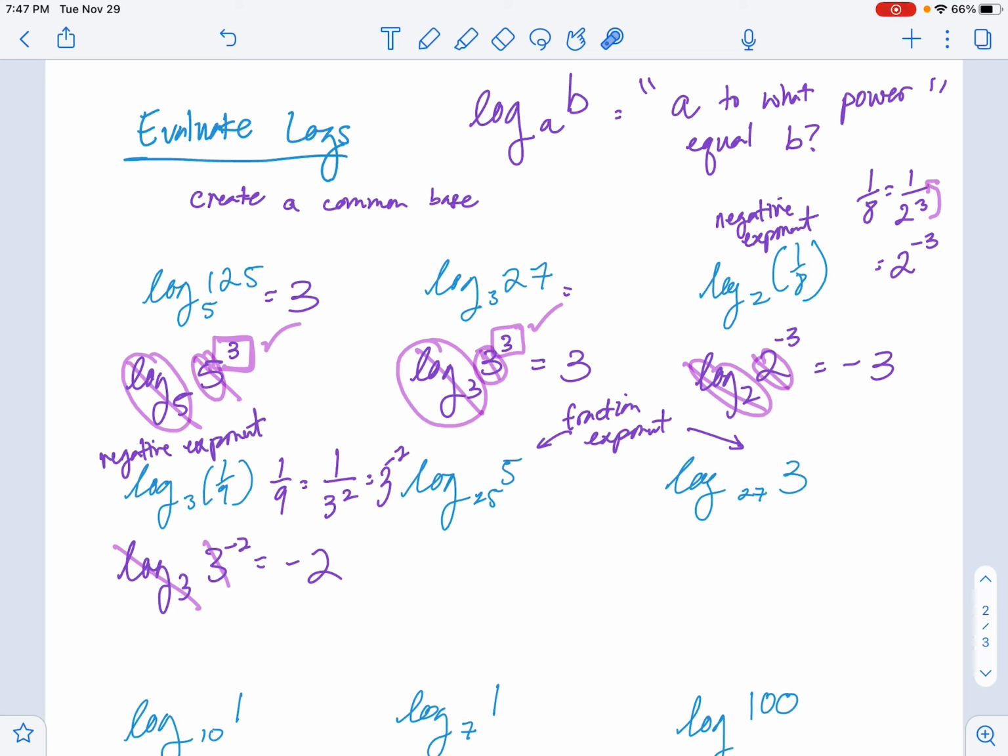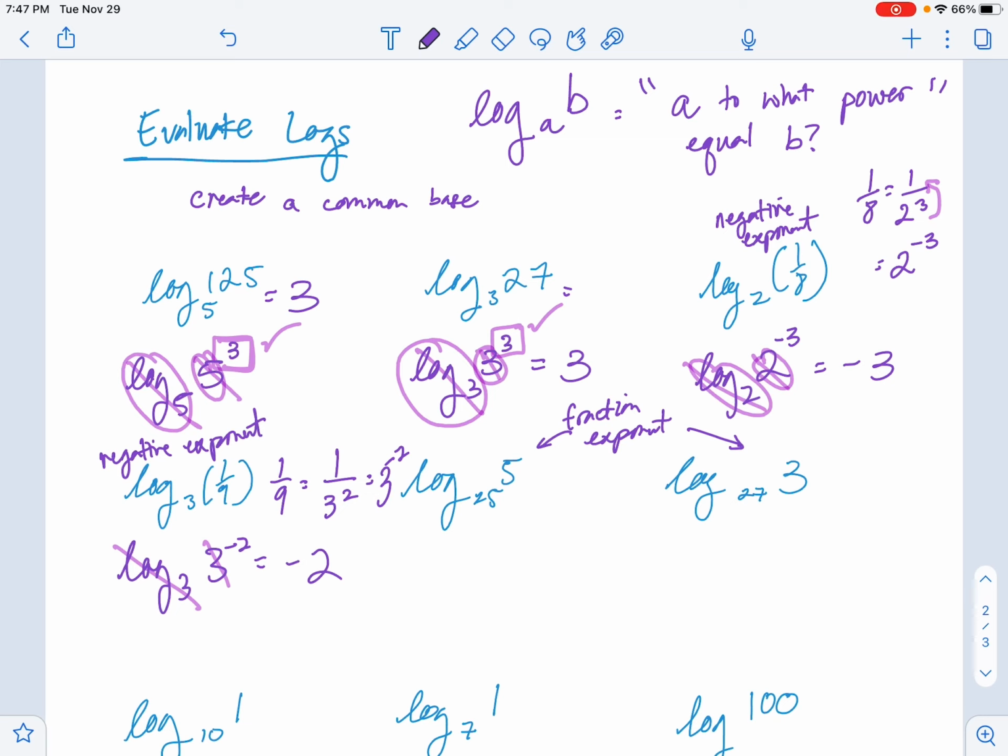I have to think of a power, right? Now, if I do fractional powers, that's actually the same thing as square rooting or rooting something, right? I can cube root, square root, fourth root with fractional powers. So you can think of like a root. What root can I square root or like cube root 25 to get 5?